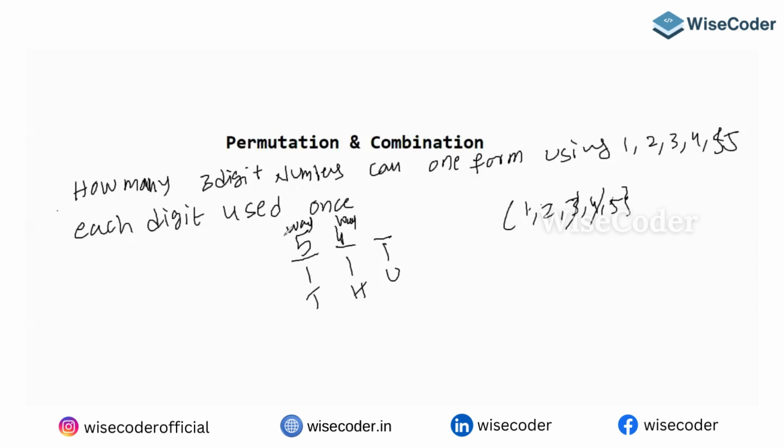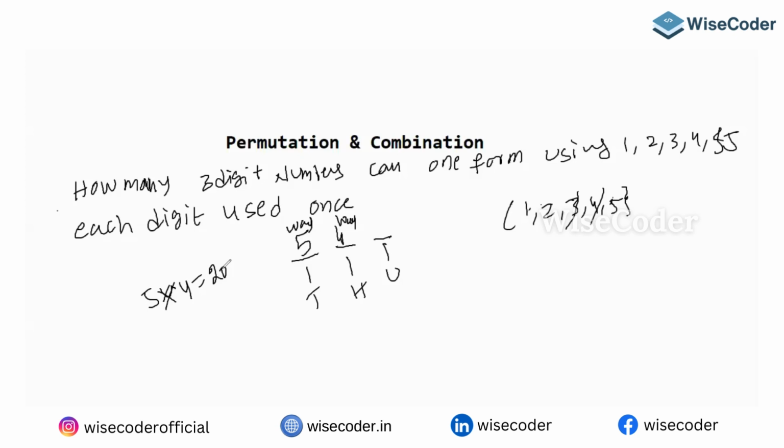So we can say 5 into 4, there are 20 different ways in which the first two digits can be filled. But the question is not yet at an end. There are further ways.